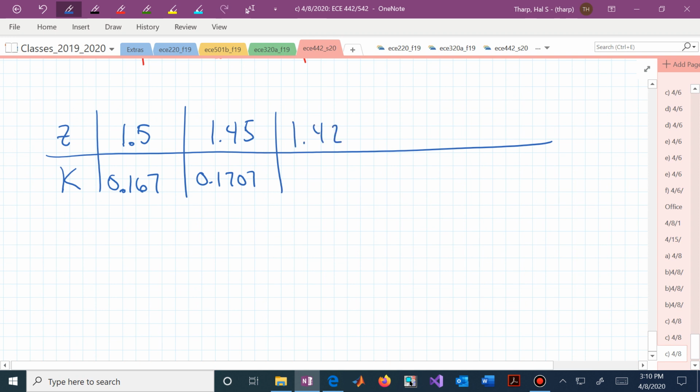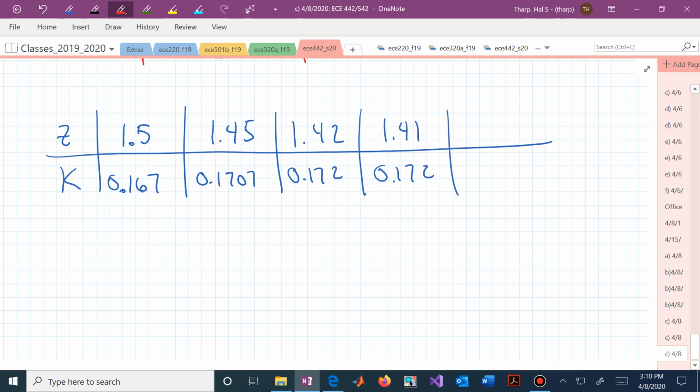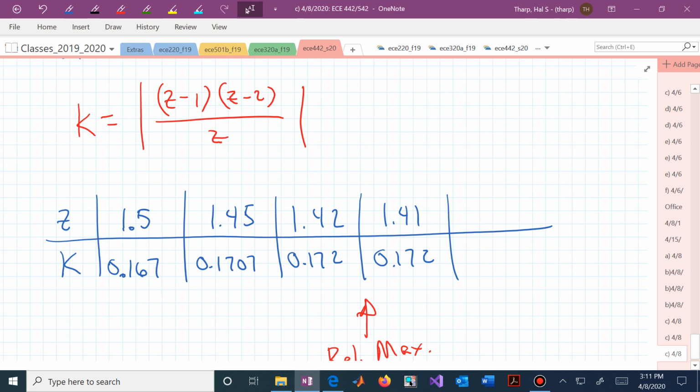And so now what happens if I get a little bit smaller? What if I look at 1.42? Well, now my magnitude k is 0.172. I'm still getting bigger, it looks like. Or have I gone through the relative max? Let me look at 1.41. I know the answer, so that's, now I'm at 0.172 again. So my relative max is probably occurring between 1.42 and 1.41, and I calculated that numerically from just knowing my expression for k.